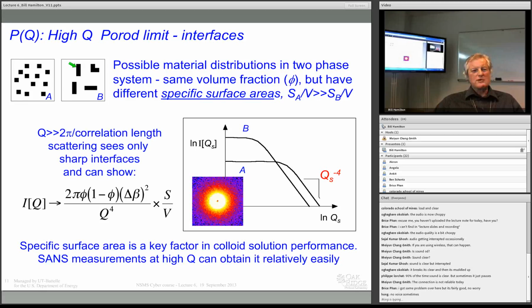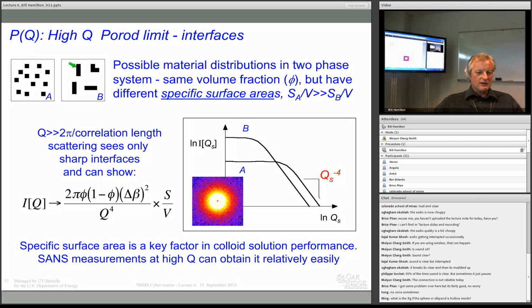The amount of edge material that you're going to see is going to be proportional to how the material is divided up. We can only see the sharp interfaces. We basically find ourselves proportional to how that material is divided up, which we already know because this is just the volume fractions of materials A and B, times the scattering length density contrast between the materials, divided by Q to the 4.